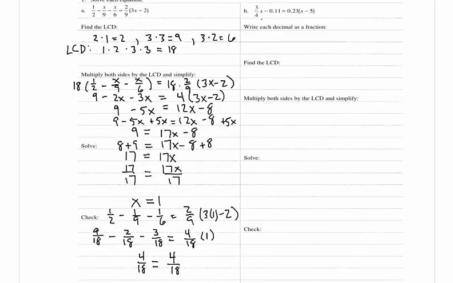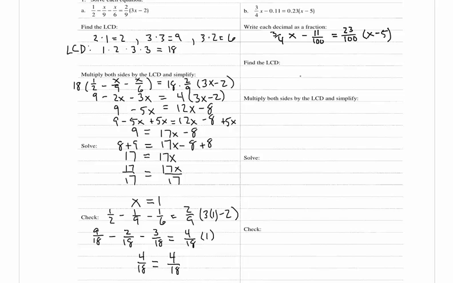In B, we have 3/4 x minus 0.11 equals 0.23 times x minus 5. And the first thing they want us to do is write each decimal as a fraction. So here we're going to have 3/4 x minus 0.11 can be written as 11 over 100, and that's equal to 0.23 can be written as 23 over 100 times x minus 5.